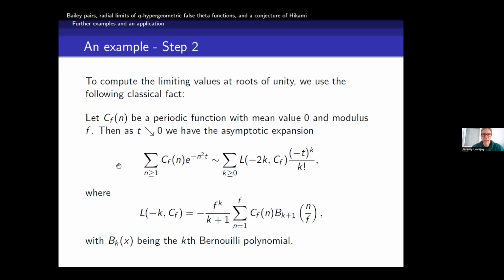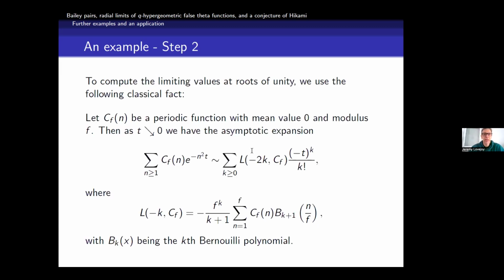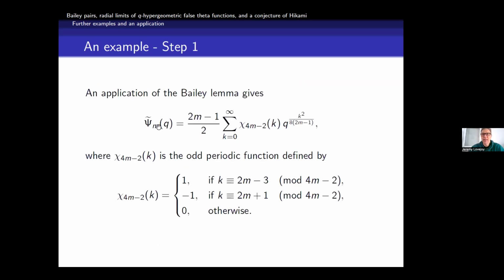To get the radial limit, we're just interested in the constant term here. So there's just a formula for this. This is standard classical asymptotic analysis. And so how do we obtain these values? We replace q by zeta sub N to the m times e to the minus t in our identity expressing the q-series as a false theta function. So that's this.